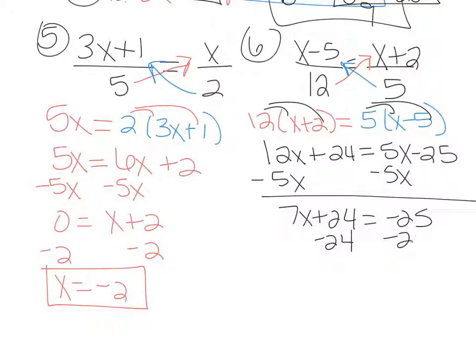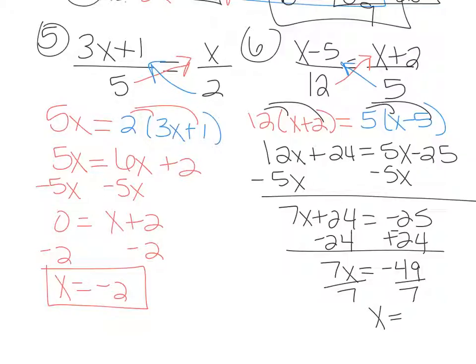Subtract 24 from both sides. So I have 7x = -25 - 24, or -25 plus a negative 24 gives me what? Negative 49. Divide both sides by 7, and x equals? Negative 7. Very good.